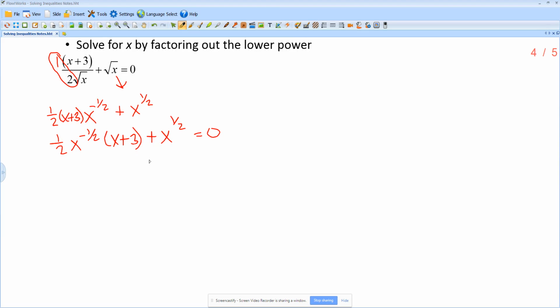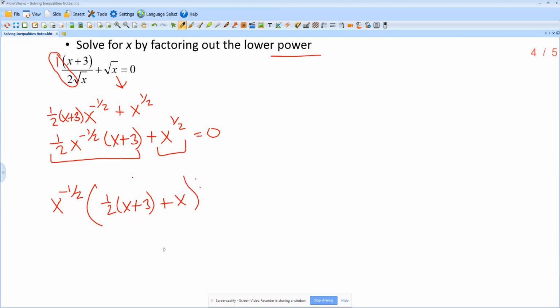And all this allows us to do is now sort of more easily see those powers. So now looking at just these two terms, I want to take out the lowest power, so that's x to the negative 1/2. What I'm left with then is 1/2 x plus 3 plus, if I take out x to the negative 1/2 from x to the positive 1/2, I'm left with x.